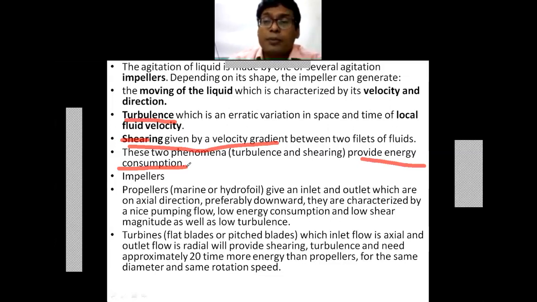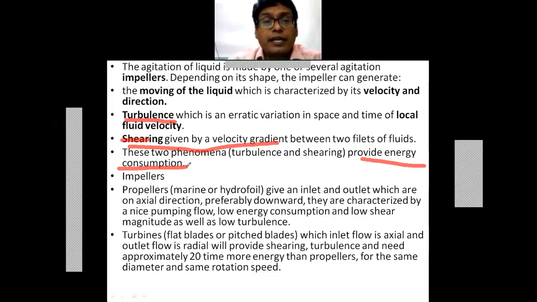So there is an optimization that has to be done, so that energy is not wasted in turbulence and shearing actions. Energy should be properly utilized only for the purpose of achieving uniform concentration.